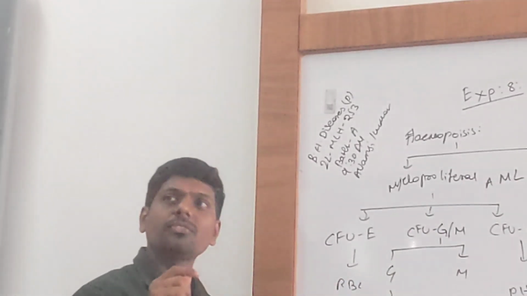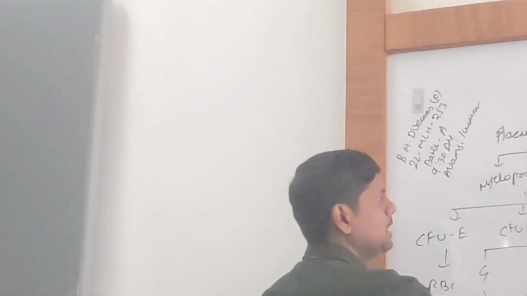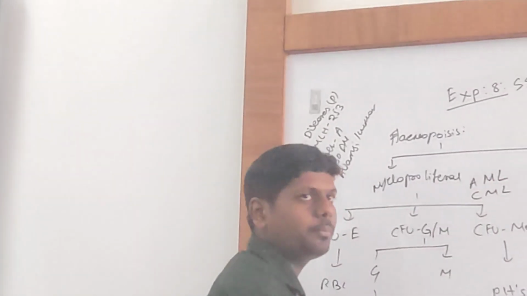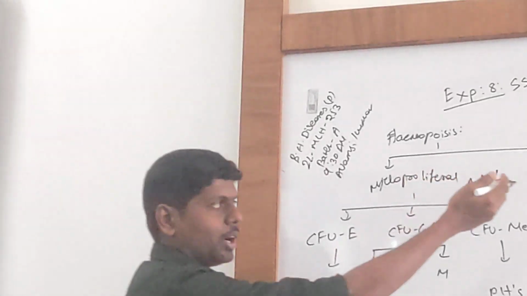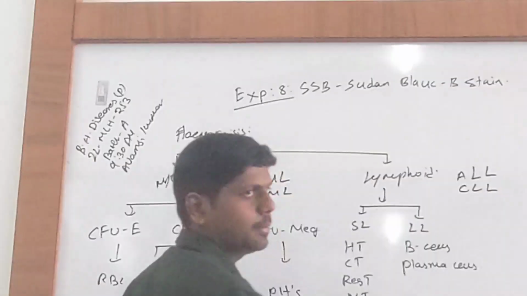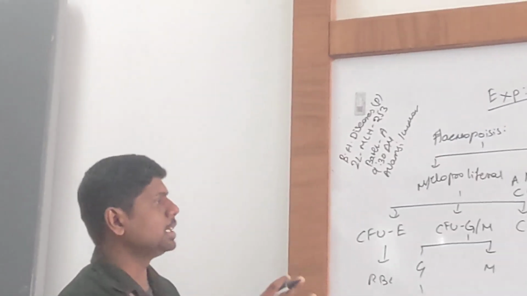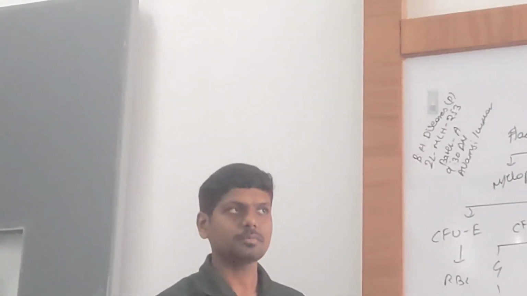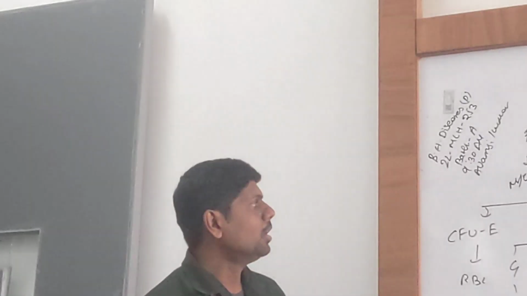And if the spread of cancer is slow, then that is called chronic myeloid leukemia. Same thing for lymphoid also: acute lymphoid leukemia and chronic lymphoid leukemia. So you already know these basics, right?